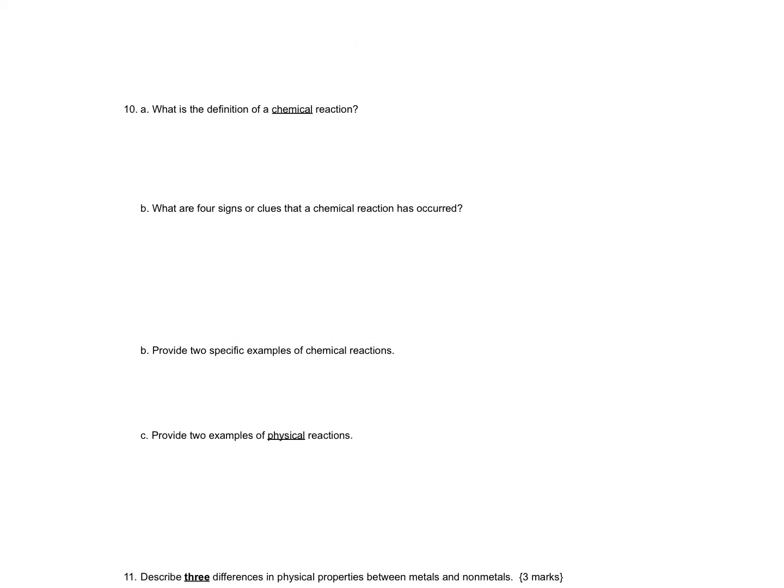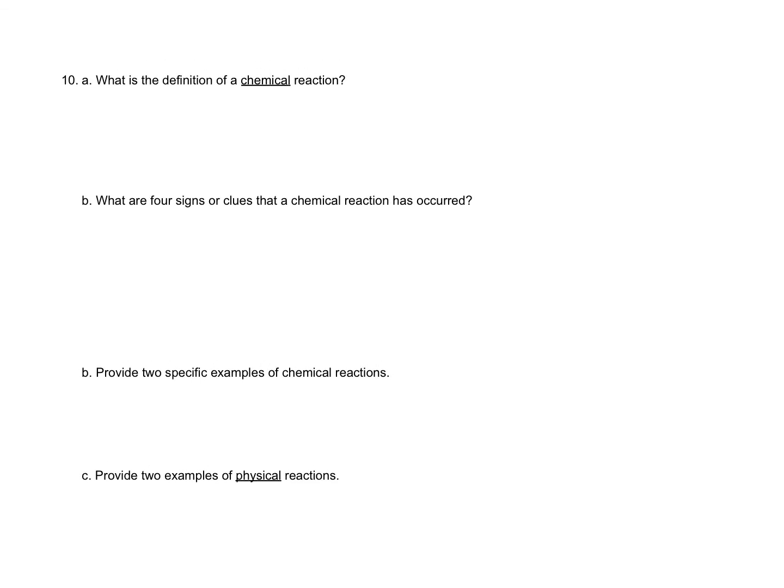Okay, question 10. What is the definition of a chemical reaction? So a chemical reaction has one criteria. You put things together, and if a chemical reaction happens, that means that a new product is formed, from the reactants.